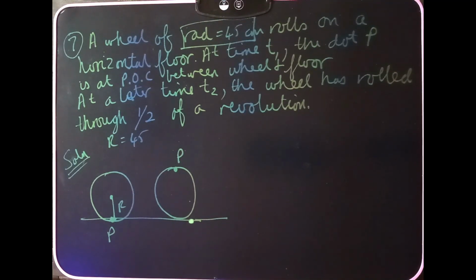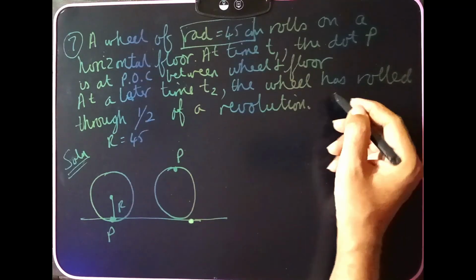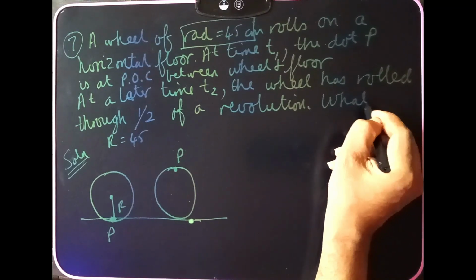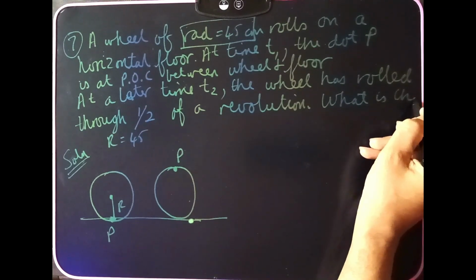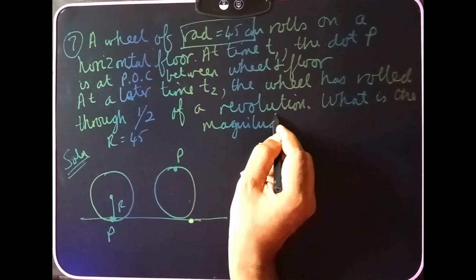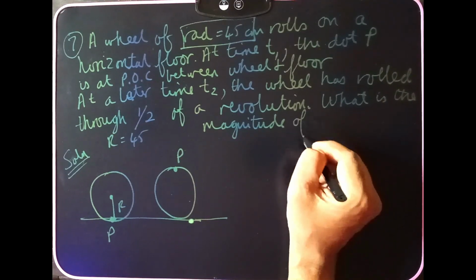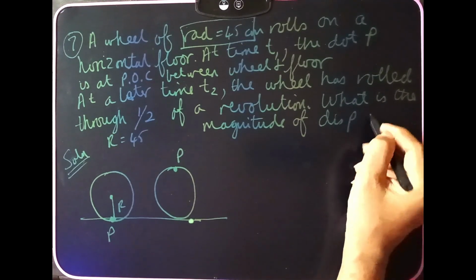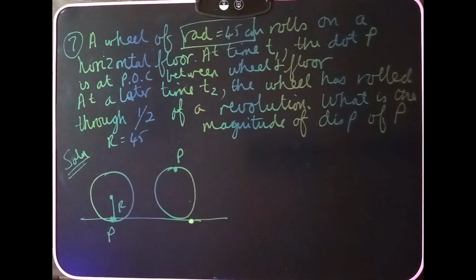So what is the question asked here? It is asking what is the magnitude of displacement of P. Wow, nice question. Nice question, right? So how do we solve it?